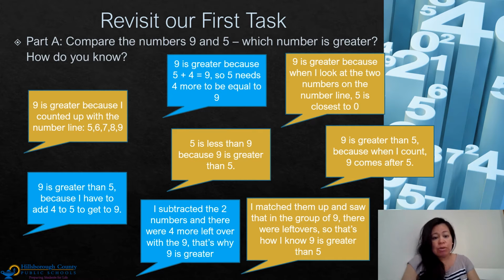I subtracted the 2 numbers and there were 4 more left over. With a 9, that's why 9 is greater. So again, students thinking about the addition and subtraction component of comparing numbers is really important. And it is a lot more difficult, but thinking about how important it is to ask our students, how do you know when a number is greater or less? Just that one question is going to elicit different responses.